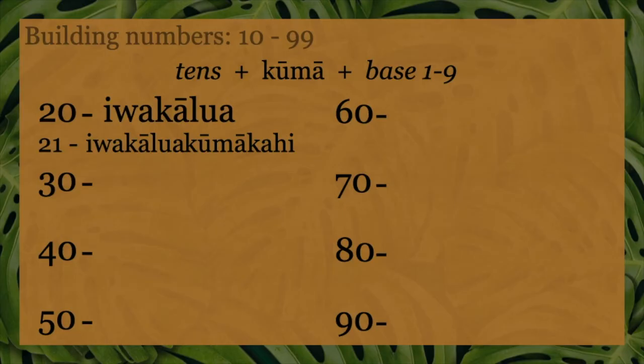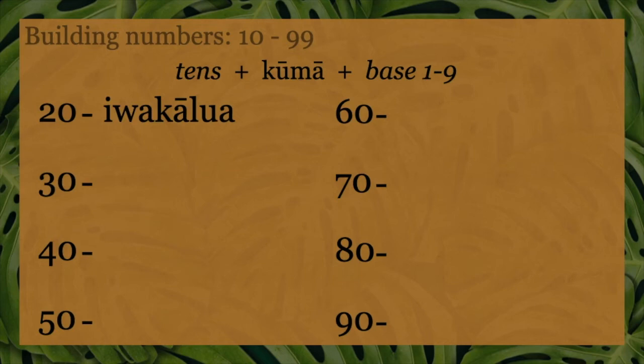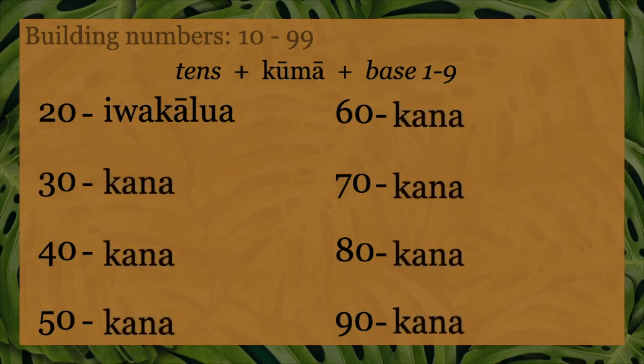We'll use that pattern for everything from 20 to 99 and upwards, actually. So we just need to learn our words for that tens place, 30, 40, 50, 60, 70, 80, 90. And the great thing about 30 through 90 is making those numbers is really easy because they're all going to start with the phrase kana. And then at the end, we're going to use that base form of 3 through 9. So 30 is kana kolu.